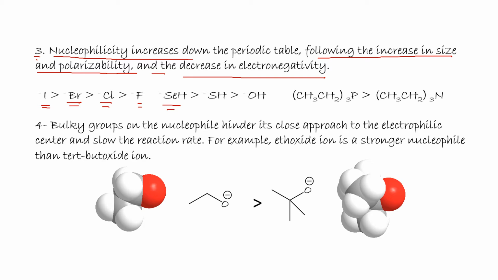Hydroselenide ion is more nucleophilic than hydrogen sulfide than hydroxide. Triethylphosphine is more nucleophilic than triethylamine.